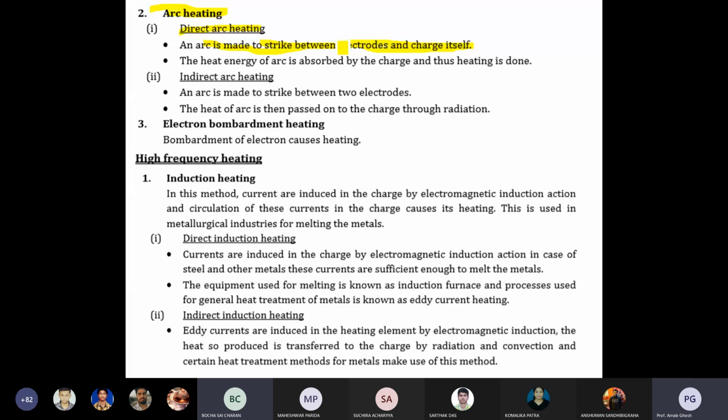So an arc is developed, and due to the presence of that arc it will melt down. In normal resistance heating, what happens? I squared R. There is a medium for developing that heat, so current flows through that medium and then enters the charge, so the loss is more in resistance heating. In arc heating, the loss is comparatively less, as the arc is the breaking down of the atmosphere between two electrodes, and current flows directly through that electrode and through the charge, and then it melts down the charge material.